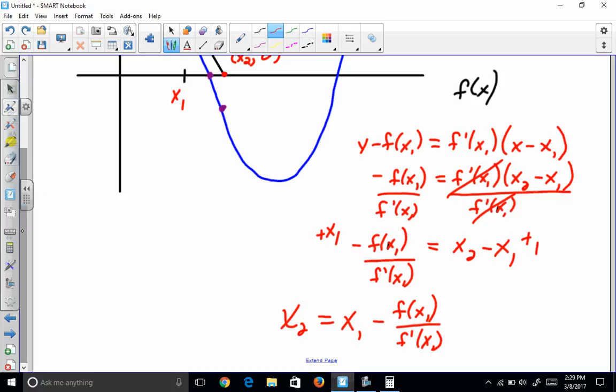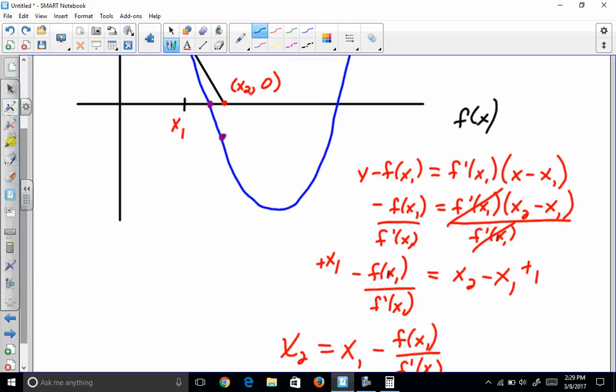So then if we used that x value, x sub 2, and the corresponding y value, we could draw a tangent line. And the slope of that tangent line would be f prime of x sub 2.